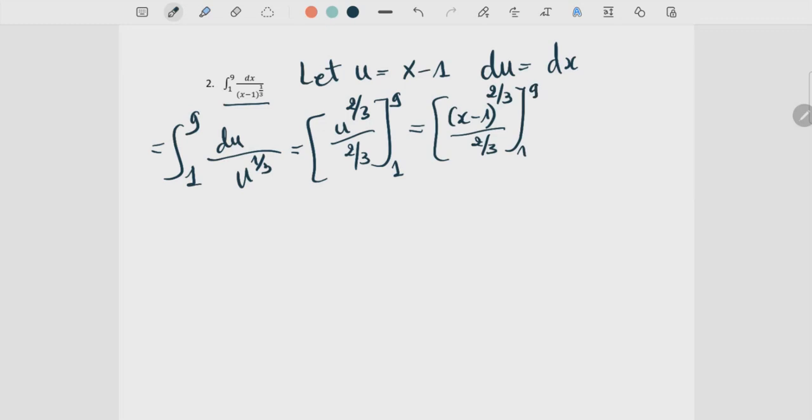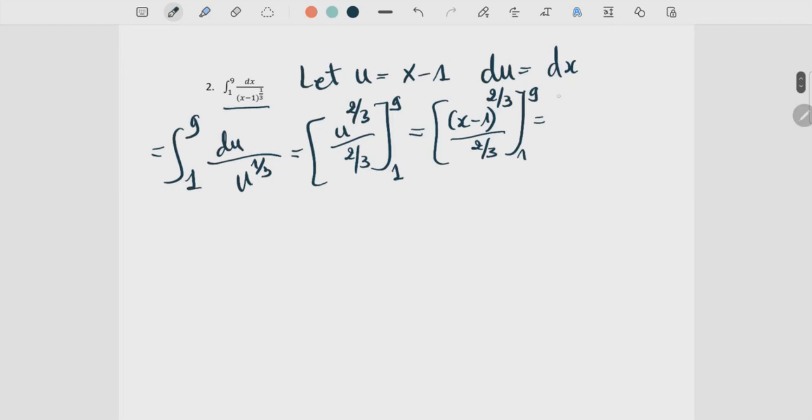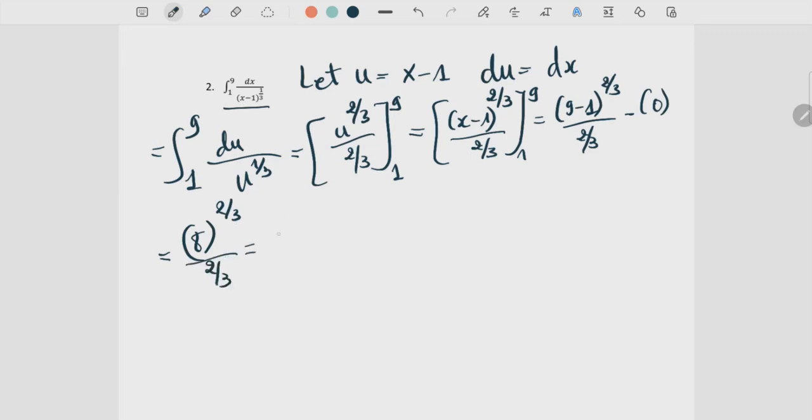And if you evaluate this in between those boundaries, what you should get is substitute 9 first, so you have 9 minus 1 to the 2 over 3 divided by 2 over 3 minus 1 minus 1, which is just 0, so 0. So you have now 8 to the 2 over 3 divided by 2 over 3. And you know that 8 is 2 cubed, so you have 2 cubed to the 2 over 3 divided by 2 over 3.